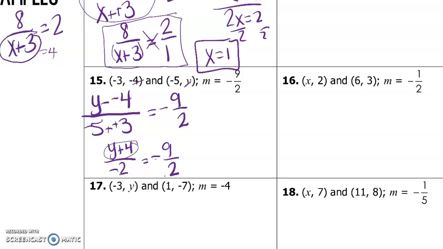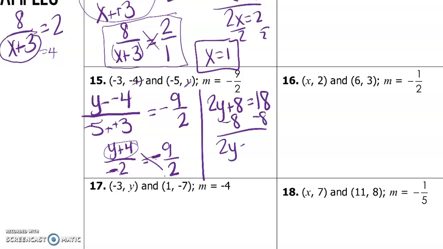That means your top needs to be 9. So you could easily solve that if you notice that. If you don't notice that, that's fine. Cross multiply. You can actually put the negatives with whichever ones you want. So I'm going to leave it with the negative 2 and then put it with the 9 on this side. So 2y plus 8, don't forget to distribute, is equal to 18. Subtract 8. 2y equals 10, which means y equals 5.